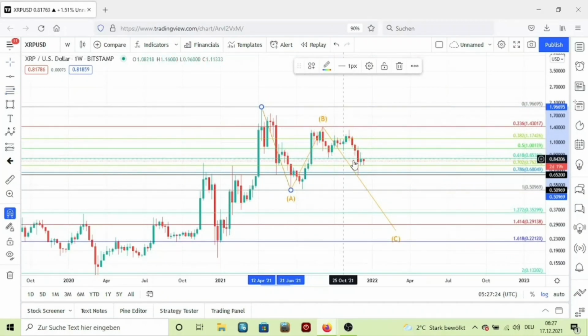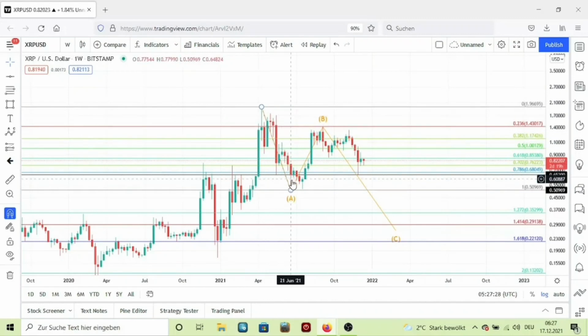So, okay. We can see we had this drop here. The B wave would have perfectly touched this, which is a little concerning. And the C wave would then go for 22 to 35.